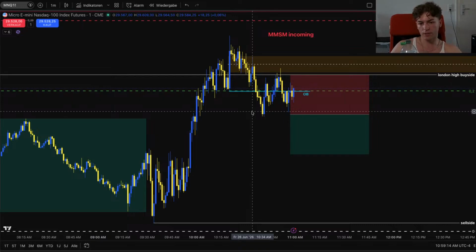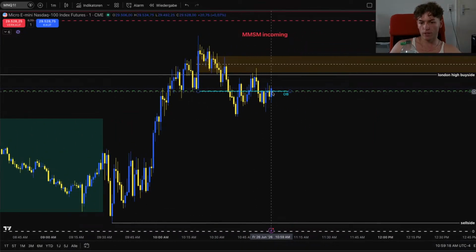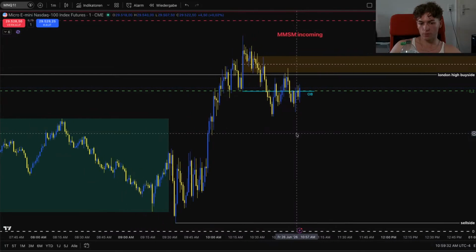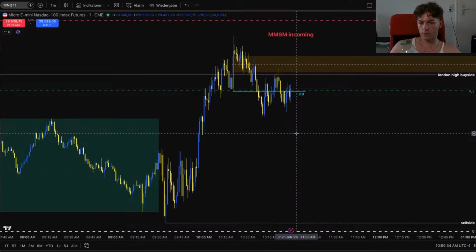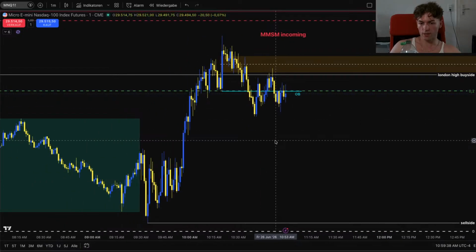Okay, I won't take a trade. I won't. Even though we get a displacement, it's probably going to go back into sharing the range and be high resistance. Yeah, guys, I think that's it for today. I'm going to journal today's trading day later on and see what actually panned out.